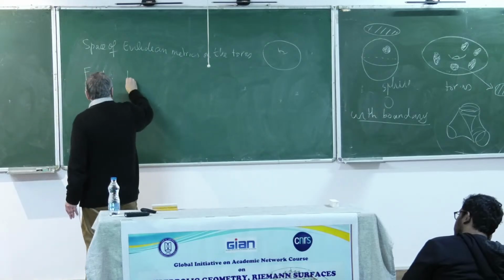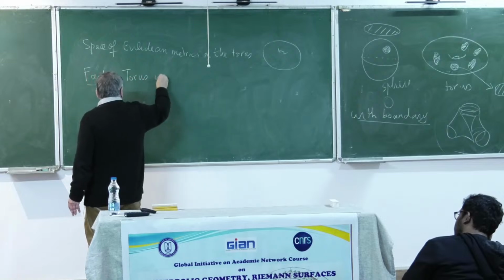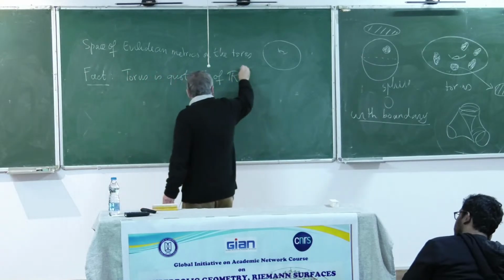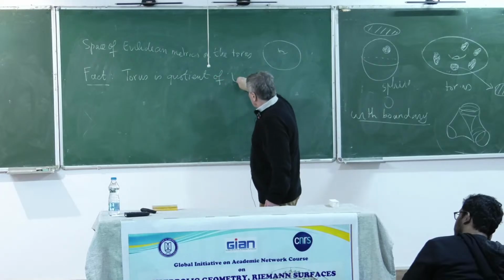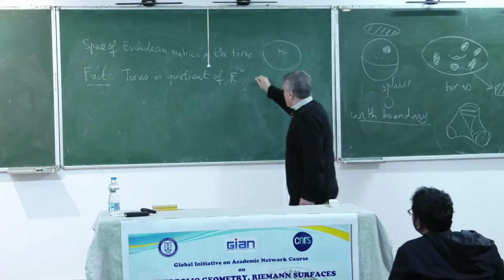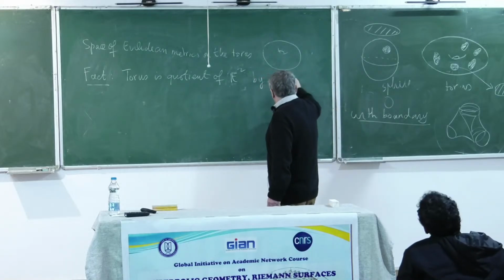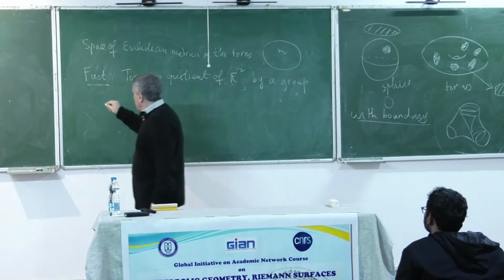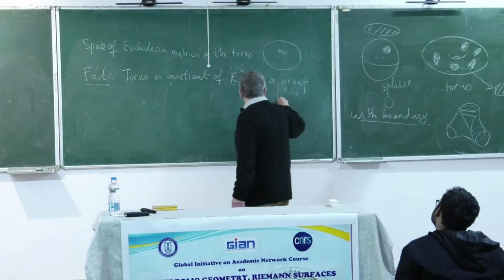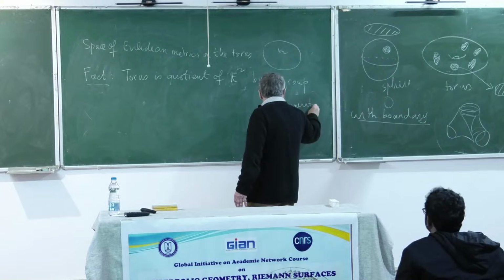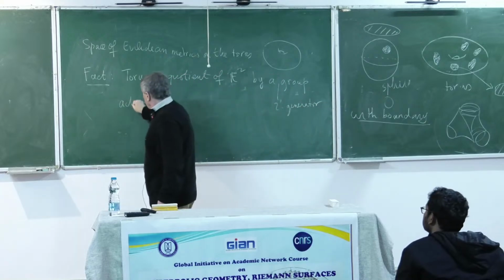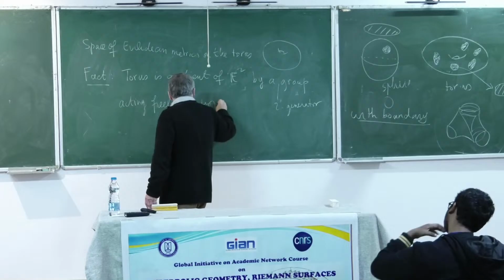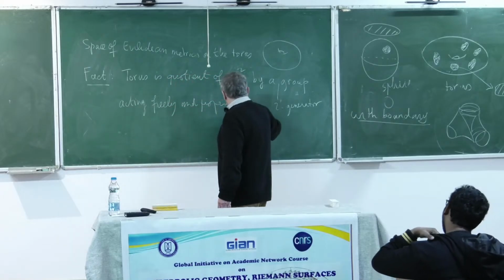So the first fact is the torus is the quotient of the Euclidean plane, let's write it here, U for Euclidean plane, by a two-generator group acting freely and properly discontinuously.